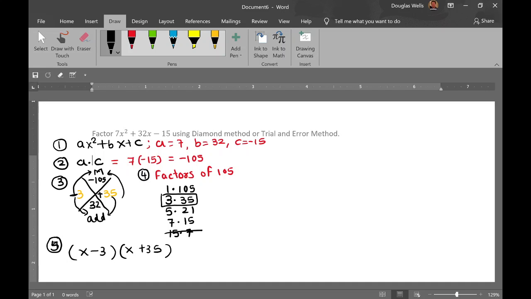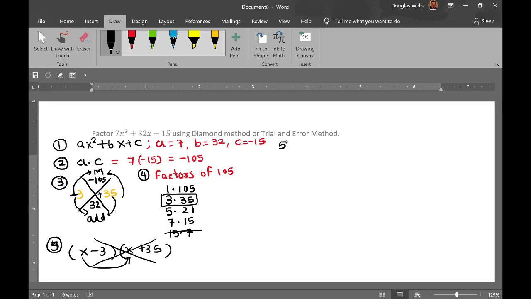And the answer is no. This is an incorrect answer. Why? Because x times x gives you x squared, and we need 7x squared. And 35 times negative 3 is negative 105, and we need only negative 15. So this magic is not going to work.